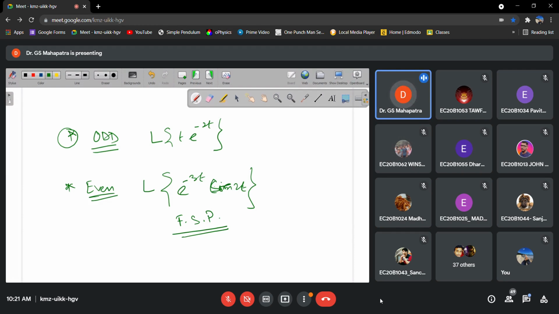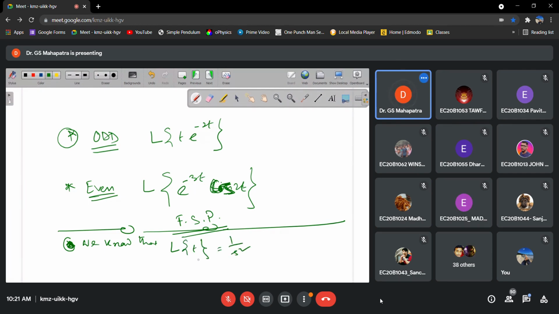Now you should not write directly; you should write all the steps. For example, we know that the Laplace transform of t equals 1 by s square, if you have already evaluated it.